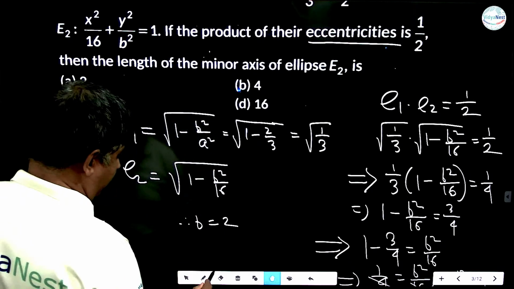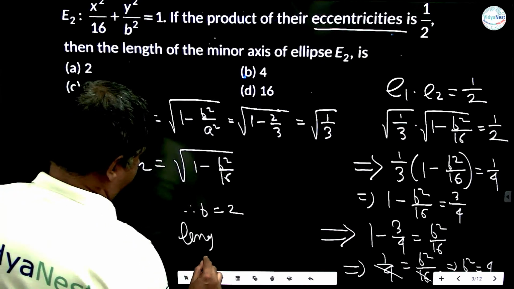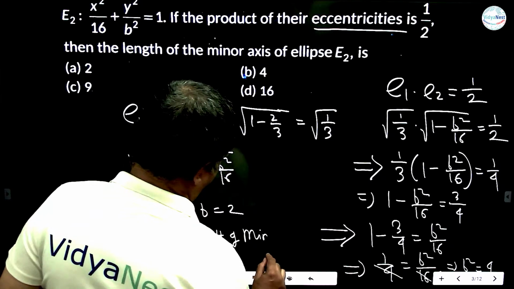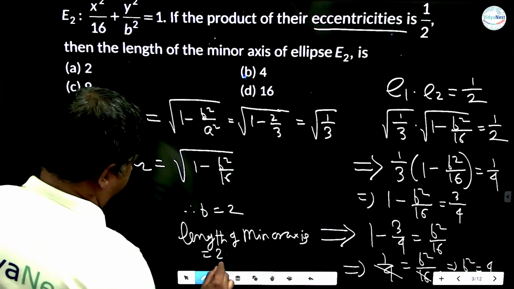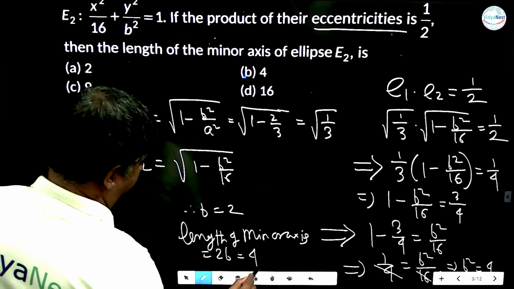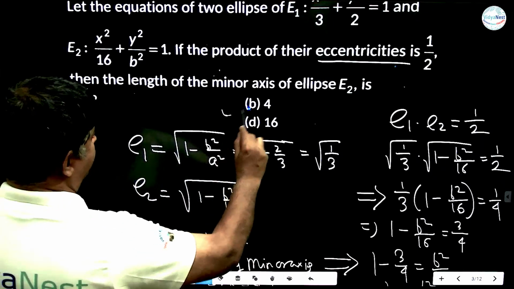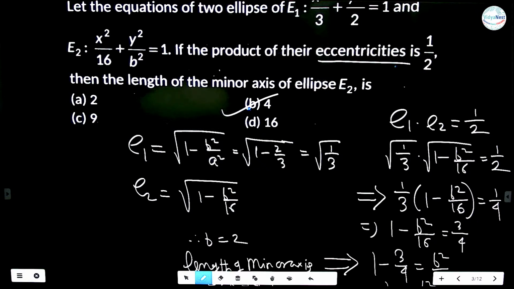So length of minor axis 2b is equal to 4. Does it match with any option? Yes. Option B correct. Okay. Okay, sir.